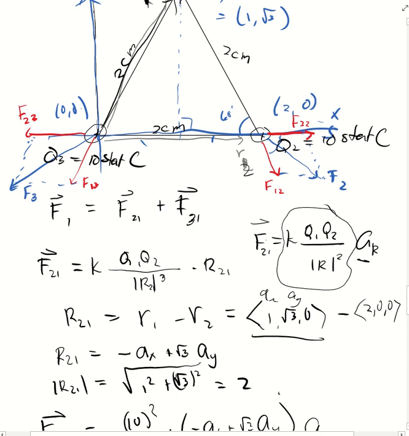F2 is 43.3 with the angle of negative 30 degrees. Here, the angle will be, instead of negative 30 degrees, 180 plus 30, and that is 210 degrees, or negative 90 minus 30, negative 120 degrees. F3.